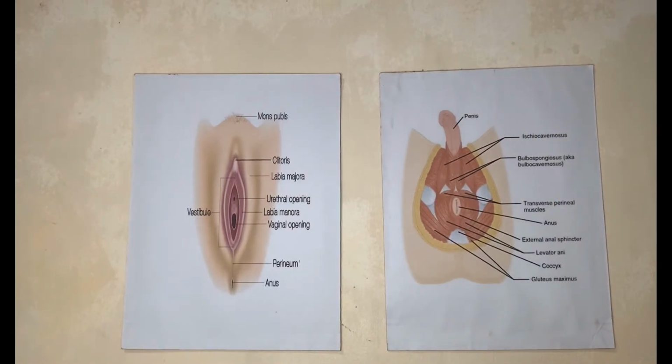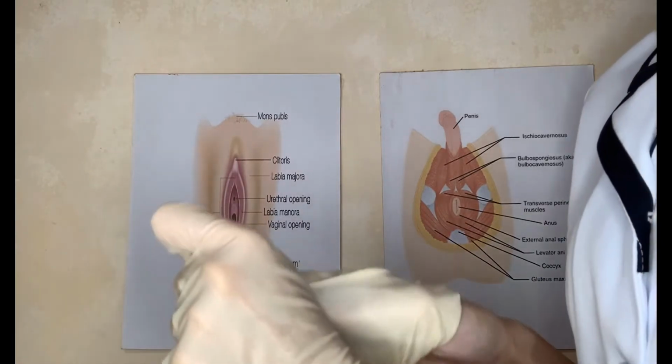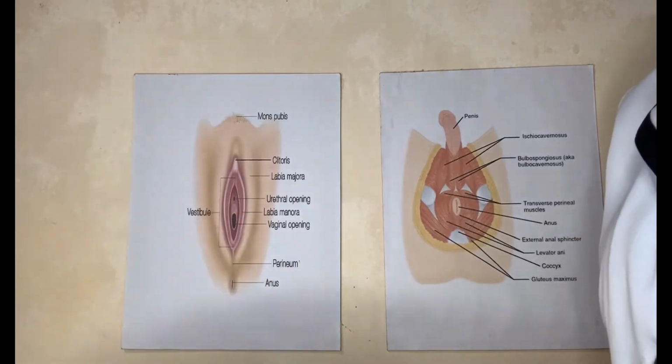We have to wait at least 5 minutes for the gel to take effect before inserting the catheter. Then after that, we will remove and discard the gloves and perform hand hygiene.